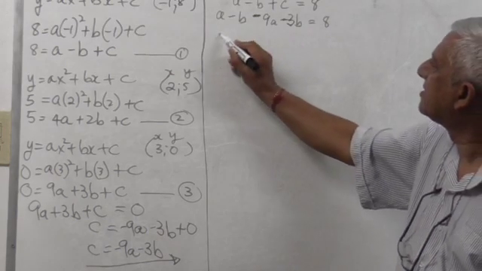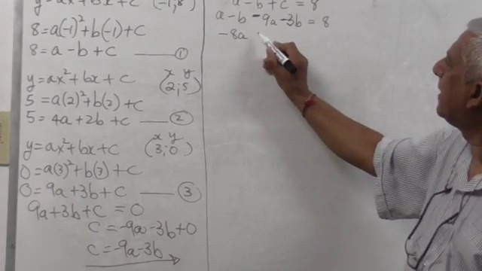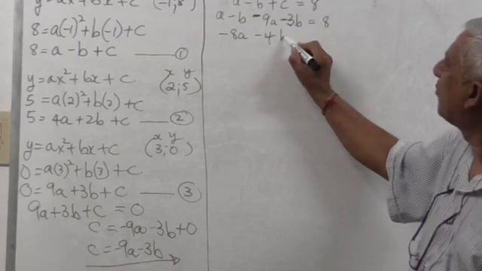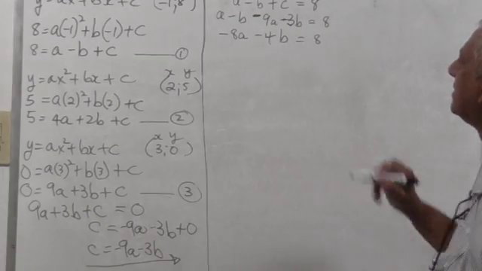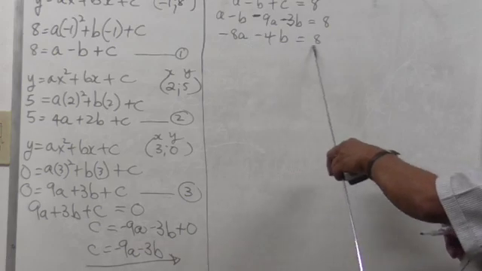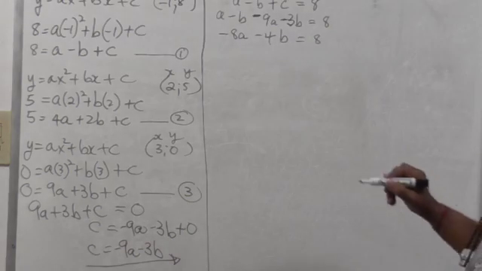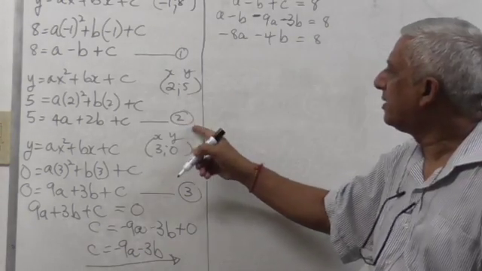If you simplify this, you'll get minus 8a minus 4b is equal to 8. Now you got an equation in only two unknowns. Now we go back to number 2.